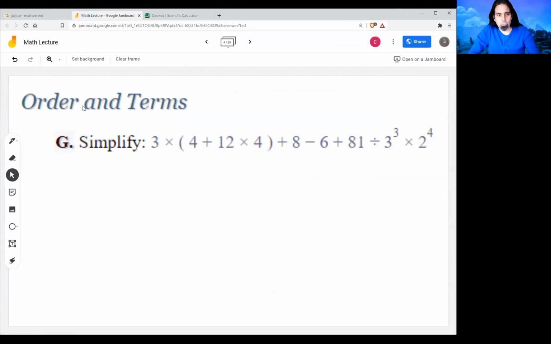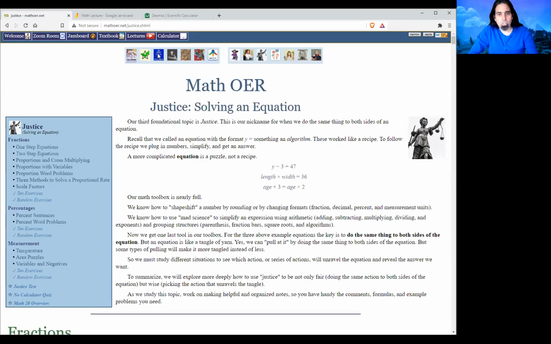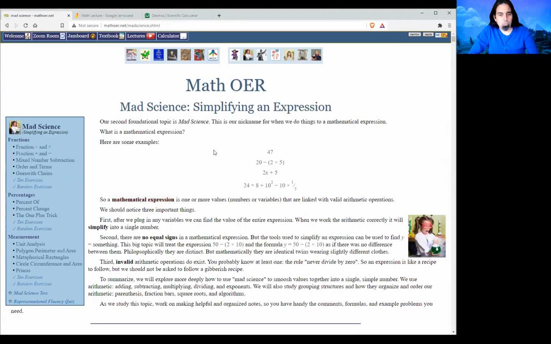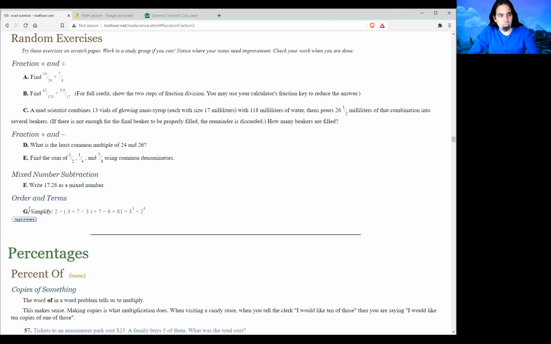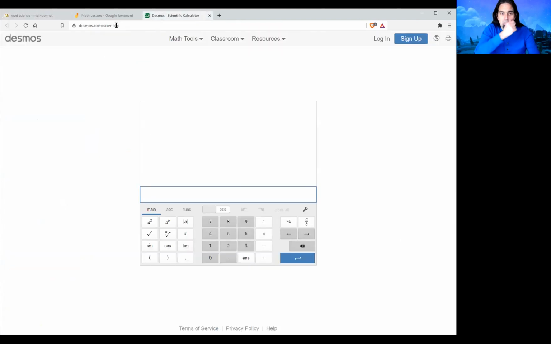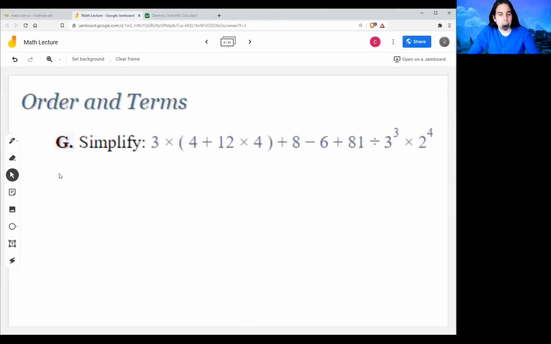This was from the order and terms, which is part of squishing things together, mad science. So order and terms, random exercise G. Okay, where are my terms? I'm going to start going, trying not to make it wiggle. So where does this first term end?